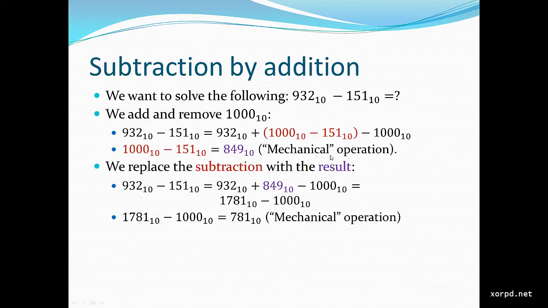The first mechanical subtraction operation is here, 1000 minus 151, which is very easy to do. And the second one is this one, 1781 minus 1000. This is also pretty easy to do. You can just look at it and know the answer. And the real work is here, where we add those two numbers that you can see here.